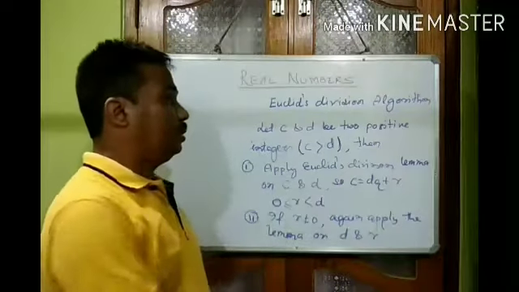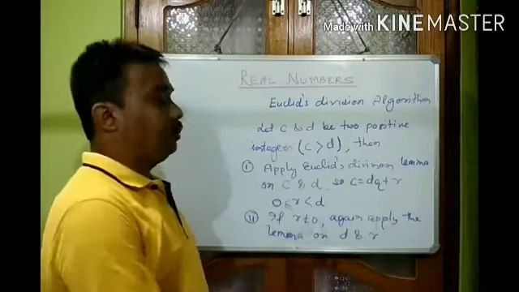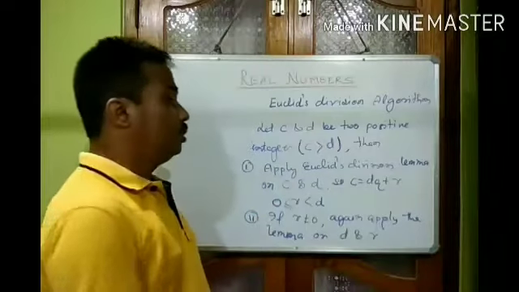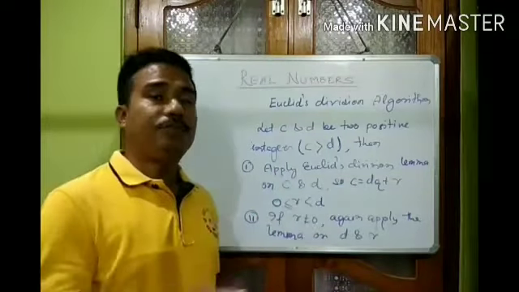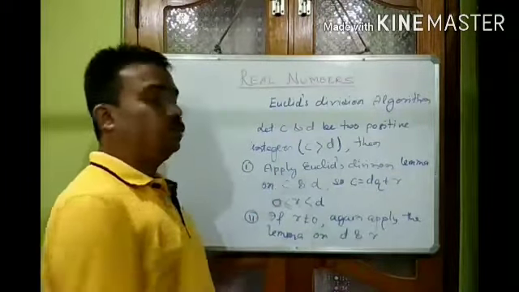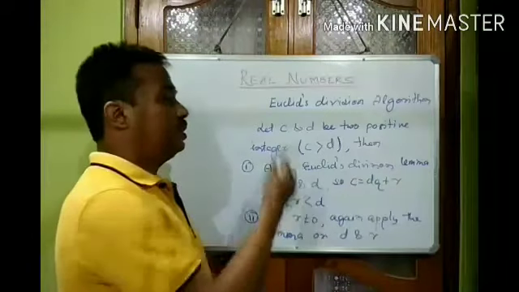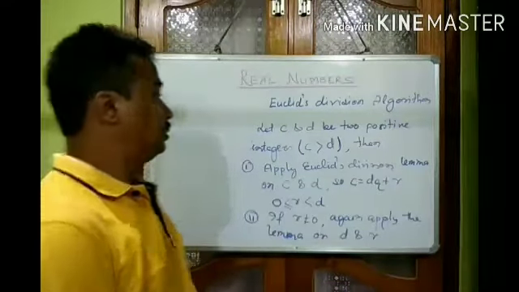When r becomes 0, the last remainder is the HCF of the two numbers, that is c and d.